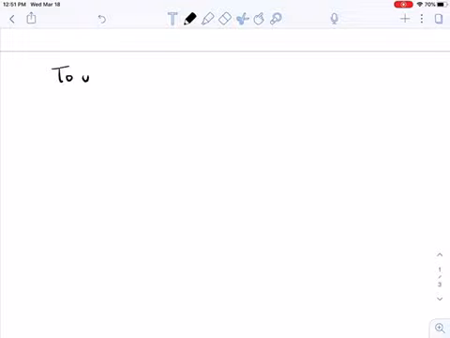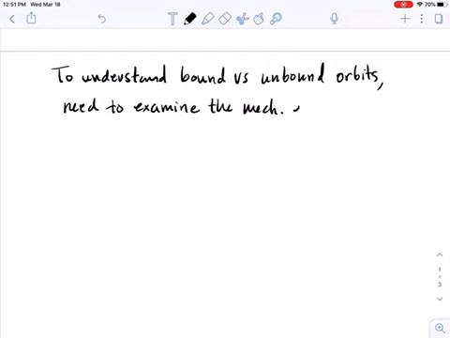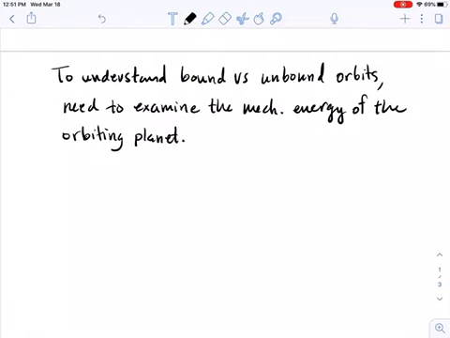So to understand bound versus unbound orbits, we need to examine the mechanical energy of the orbiting planet. I'm going to say planet, but it could be anything. It could be a satellite orbiting the Earth.